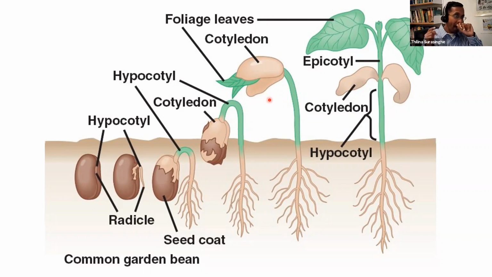Those are the first leaves, right? Cotyledons are initially green, and then they turn brown or wither away. And then the actual first leaves, the foliage leaves, emerge within the cotyledon, and they are green and remain green until they die.